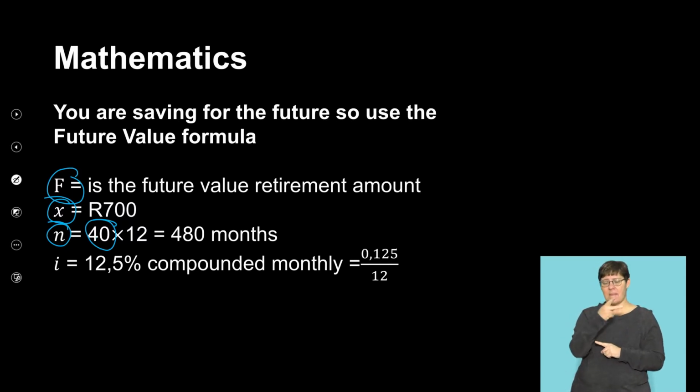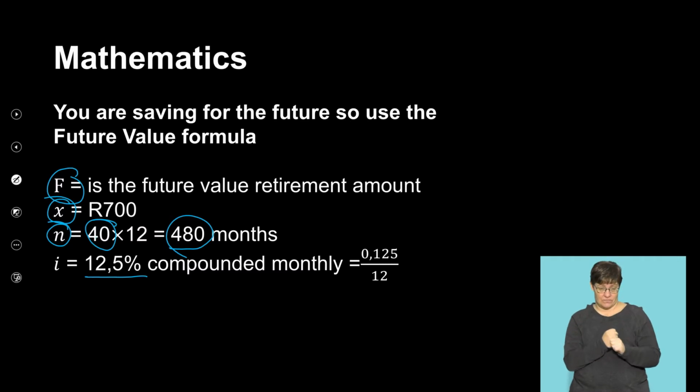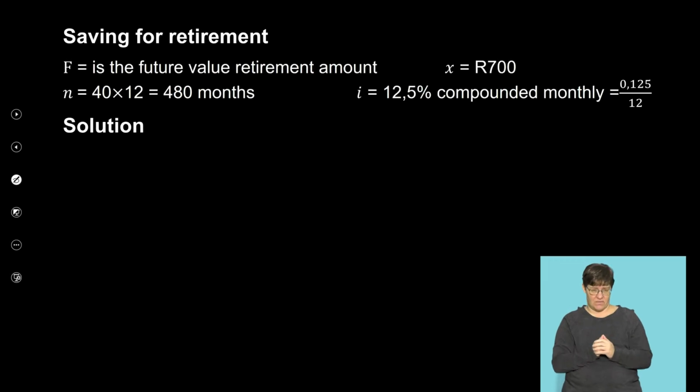So for the first year, 12 months, second year, 12 months, like that, until you get to 480 months, which is the 40 years. And then the interest is 12% per annum, compounded monthly, which is the same as 0.125 over 12, because I want to know how much you are actually getting on a month-to-month basis.